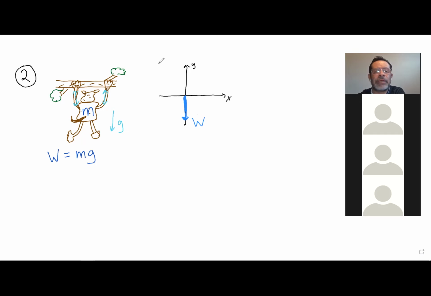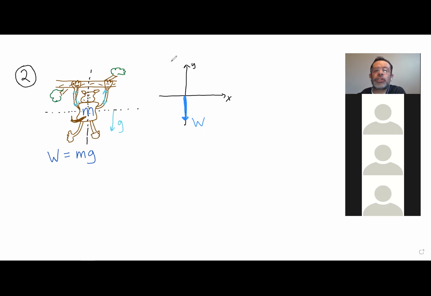Oh, by the way, I didn't mention something, I'm sorry. When we do a free body diagram, we're locating the free body diagram in a certain place, and that's our reference. So right now, the reference for the free body diagram is the monkey. It's not the branch. It's the monkey.